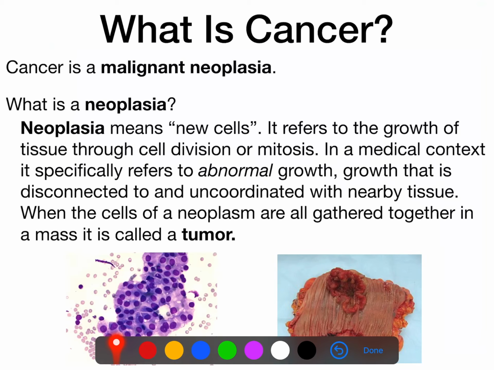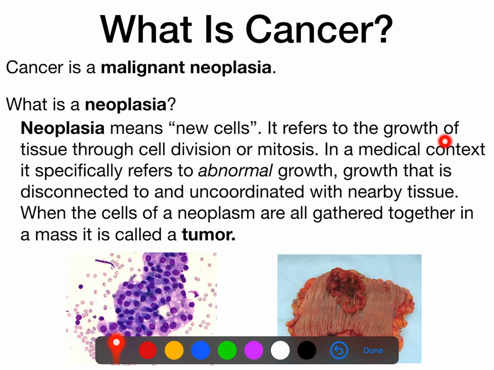Cancer is a malignant neoplasia. So let's start off with neoplasia. Neo means new, and plasia means growth, technically, but in this context it means cells or tissue.